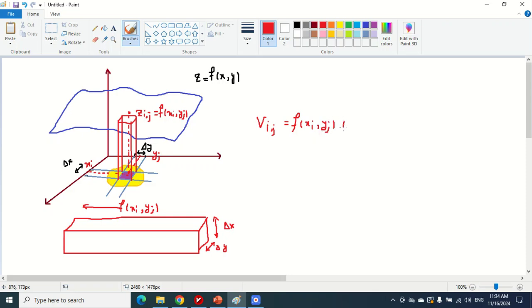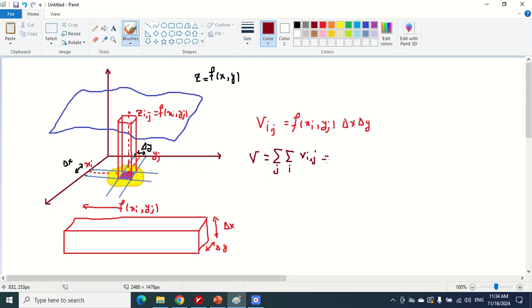So I multiply this one by delta x and delta y. But the total volume is the addition of these values. So if I want to calculate the total volume, V, then I should take the double summation of these volumes, the double summation over i and j of Vij, because one sum is over the i values along the x line and one is over the j values along the y line.